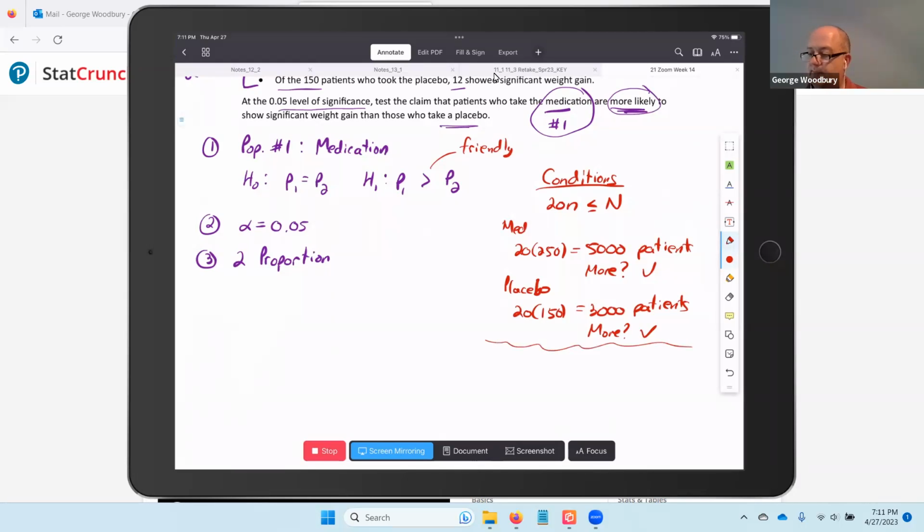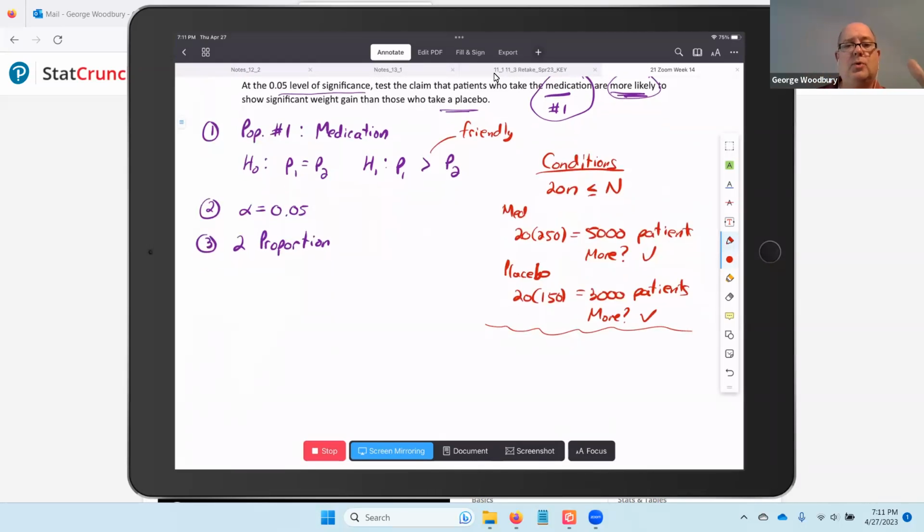The other condition, and by the way, the 20N condition is equivalent to saying that the sample is no more than 5% of the population size. And what that guarantees is that we have what we call an independent sample. Who we picked for one individual doesn't impact the chances of the other person showing weight gain or not. The second condition is to make sure that the distributions follow a bell curve.